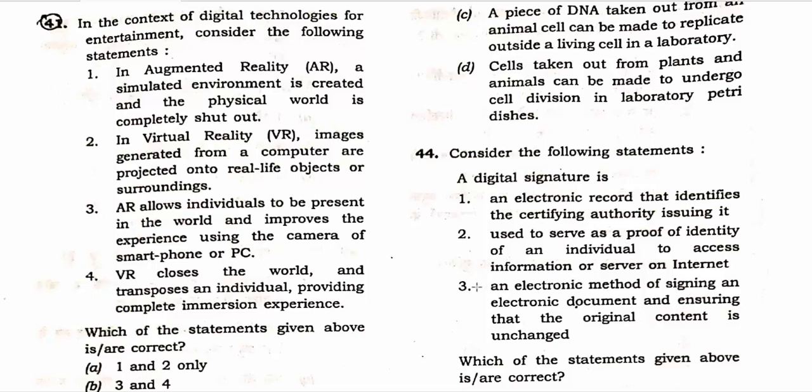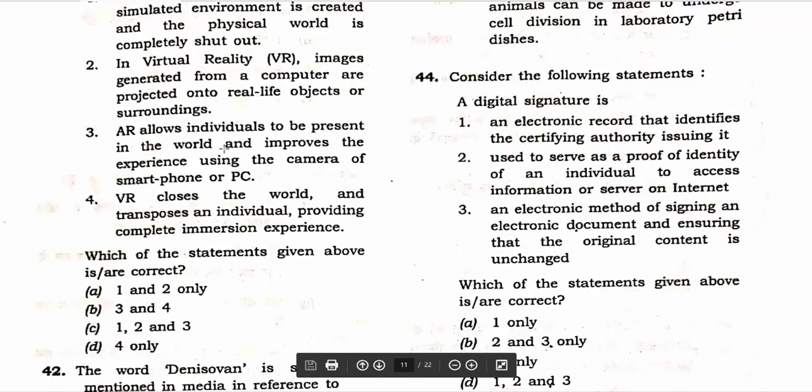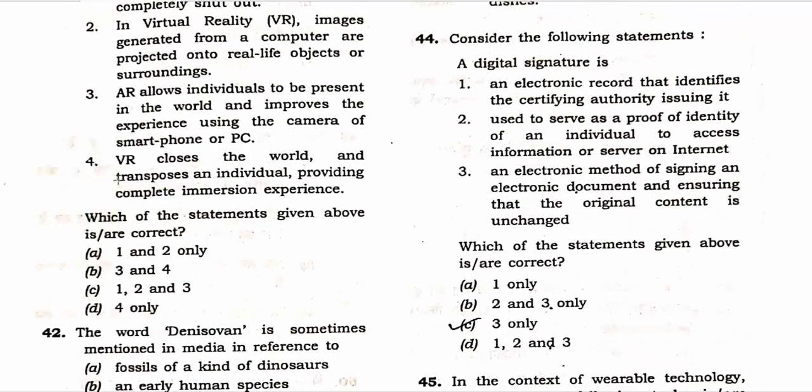So the answer would be 3 and 4, because augmented reality allows individuals to be present in the real world and improves the experience using the camera of a smartphone or a PC. There are a lot of examples which can be quoted for it. And then we have virtual reality, which actually closes off the world. It is basically transposed onto the individual, providing a complete immersive experience.